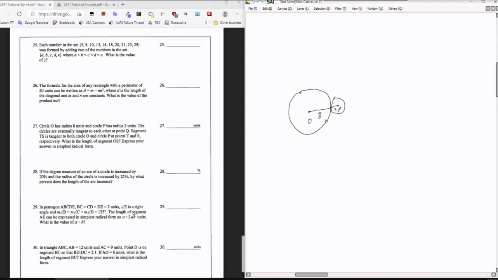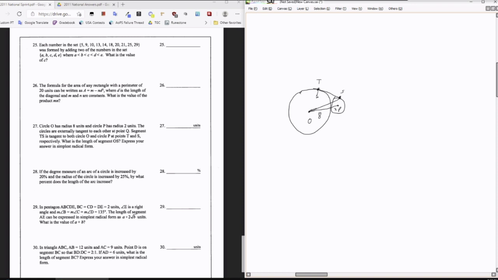And these circles are externally tangent to each other at point Q. Segment TS will have to go like this. Segment TS is externally tangent to both circles O and P at points T and S, respectively. What is the length of segment OS? So we're looking for this segment right here.